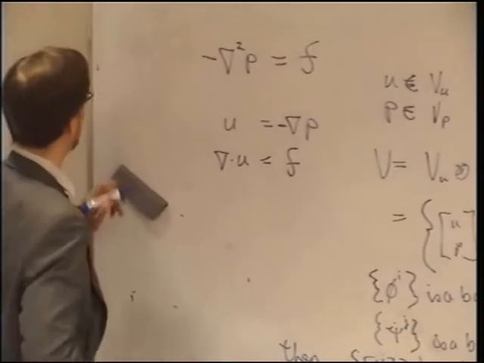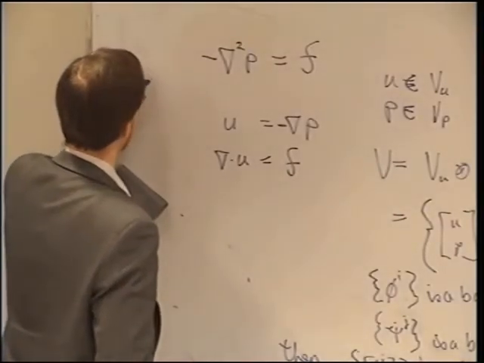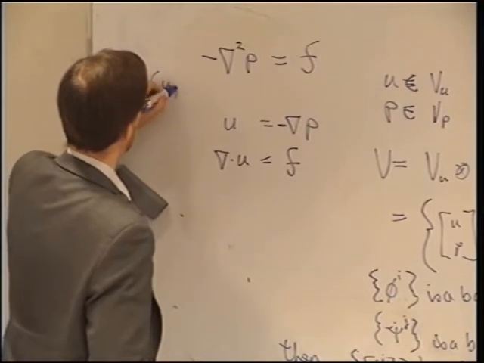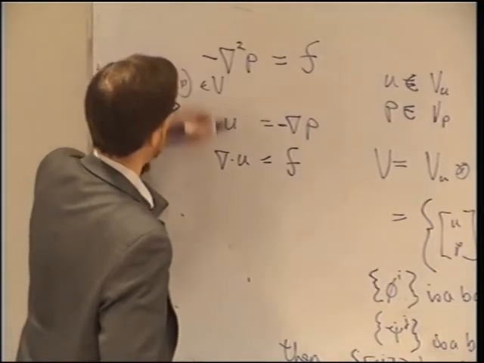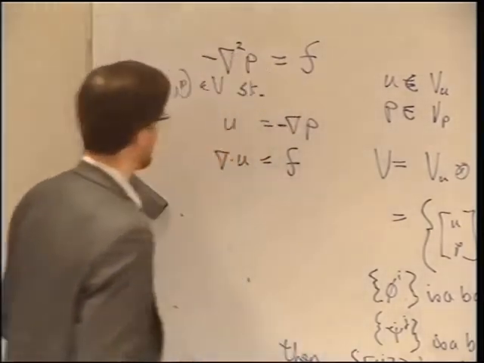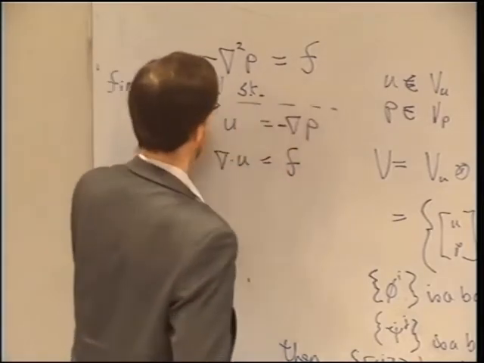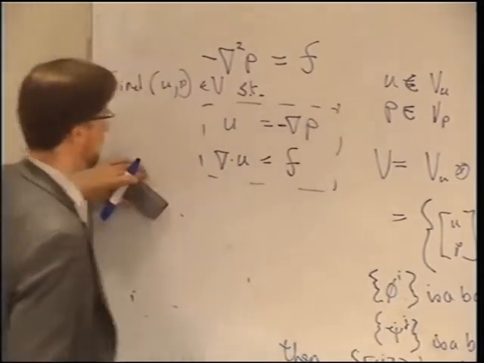So what we're looking for is to find (u, p) in V such that, okay, I'll leave that in a box on the board and let's write out the weak form.